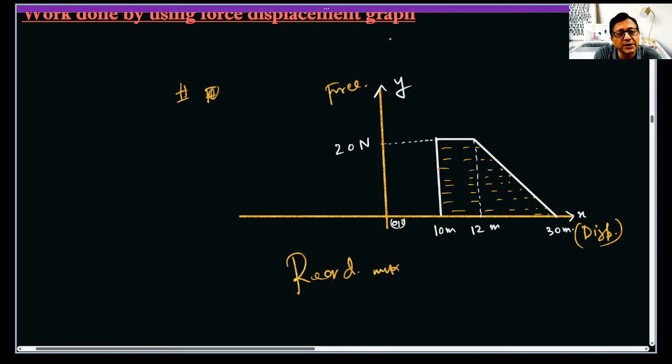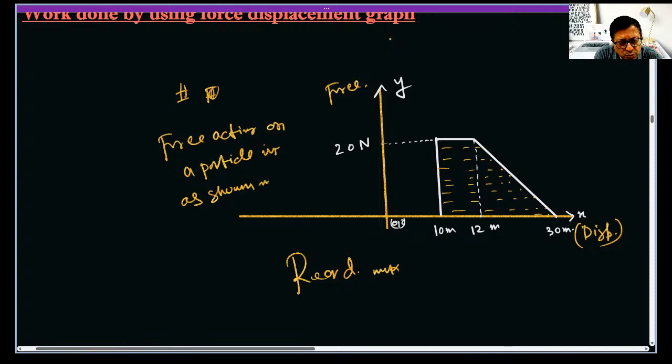I did not write the sum because it is quite obvious. Force acting on a particle is as shown in figure. Find work done. So the required work will be this area.